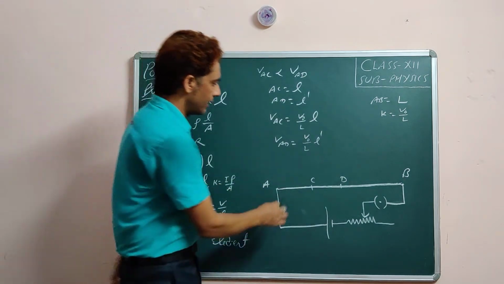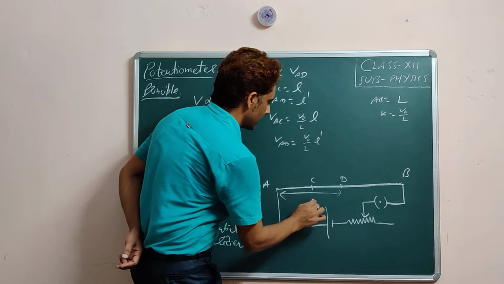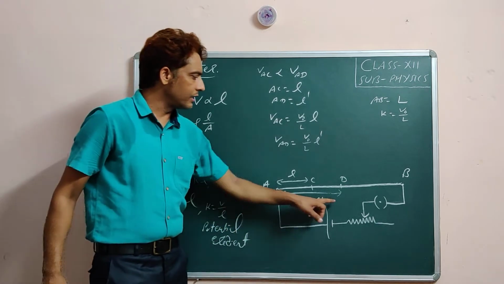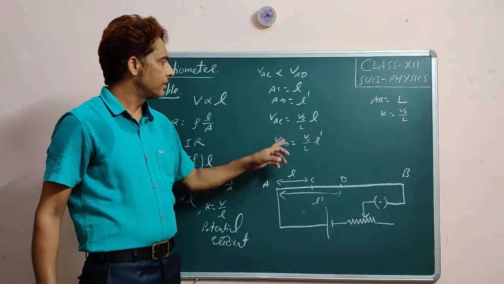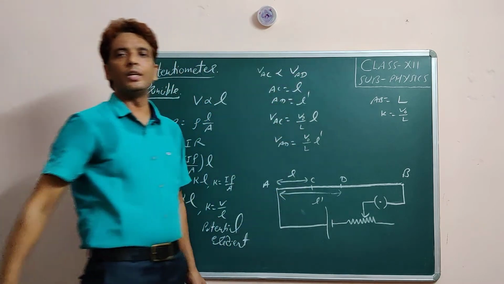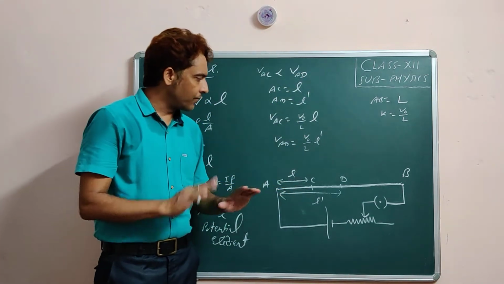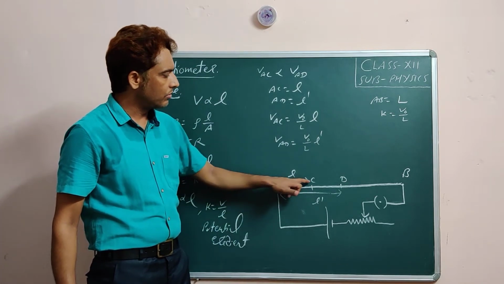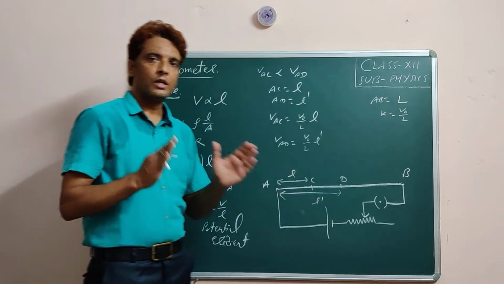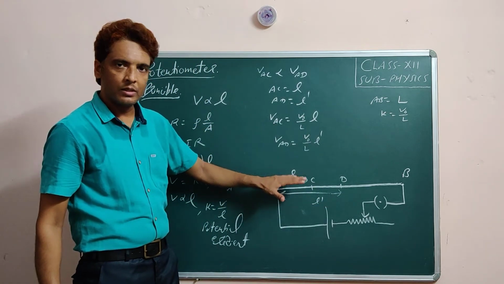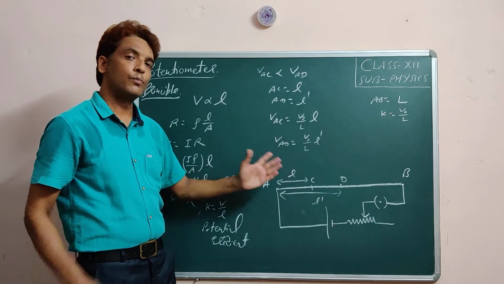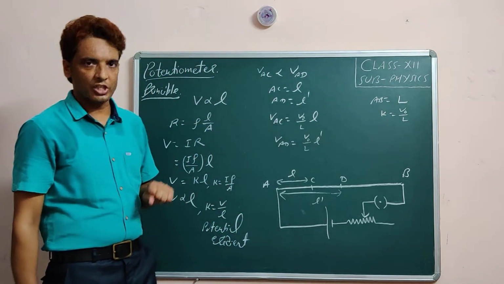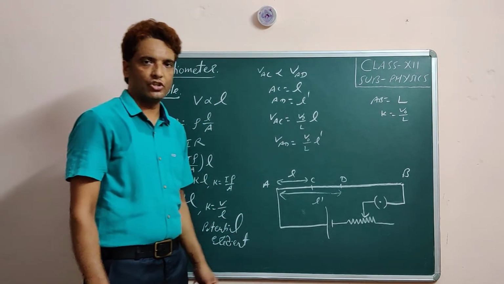Here L dash is greater than L, means VAD is greater than VAC. So potential difference across any portion of the wire is directly proportional to length of that portion. Means larger the length of the wire, more will be the potential difference across it, provided constant current is flowing through the wire and wire is of uniform area of cross section. So this is the principle of potentiometer.